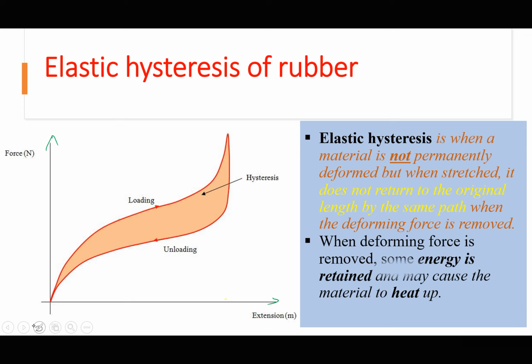And when the deforming force is removed, some energy is retained in the material. The energy is not reflected into changing the extension, but is retained because not all the work done on loading is converted into other forms. So this energy is wasted as heat, which warms up the rubber material. And that's what I'm calling elastic hysteresis.